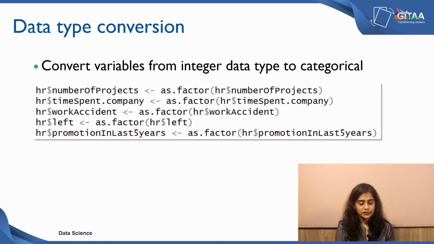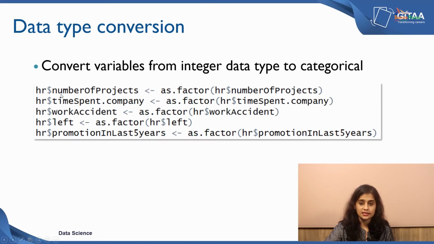I'm now going to first convert number of projects to a factor. You have to remember that whenever I use the data type factor, it is used for a categorical variable. Number of projects is an integer variable, so I'm converting it to a categorical variable using the function as.factor. I just have to access the variable number of projects from HR.